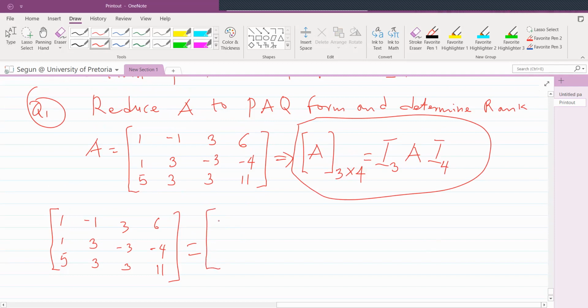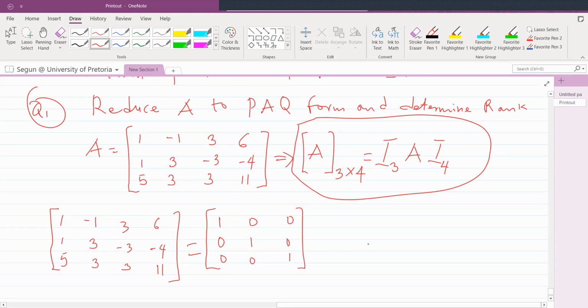Equals to the identity matrix. Nobody will give you, you are the one to form it. 3 by 3: 1, 0, 0, 0, 1, 0, 0, 0, 1.